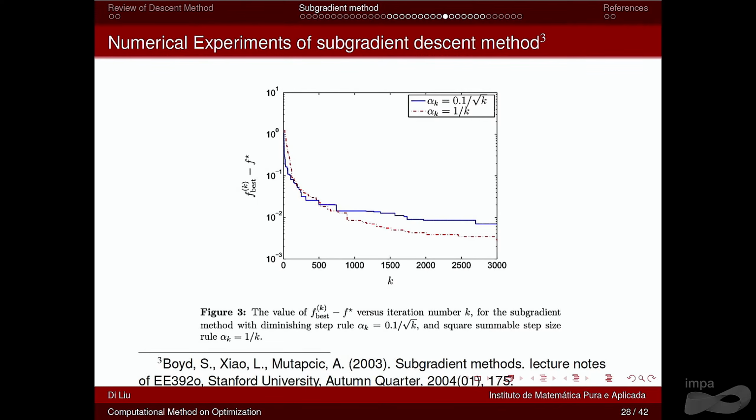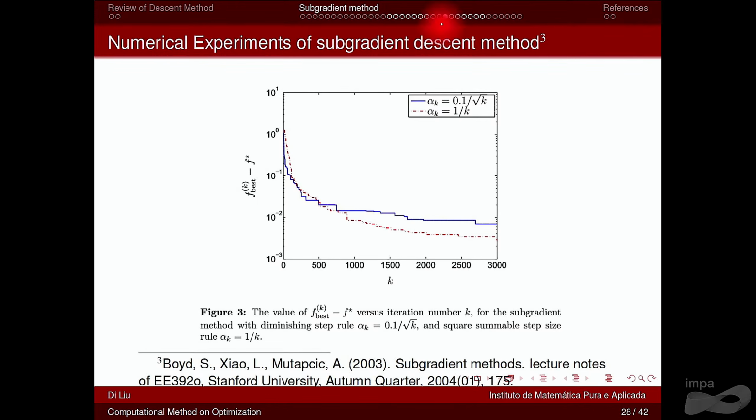And here this picture is about the gap of f_k best minus f star. The red one is the square summable but not summable, which is 1 over k, and the blue one is the non-summable diminishing step size.